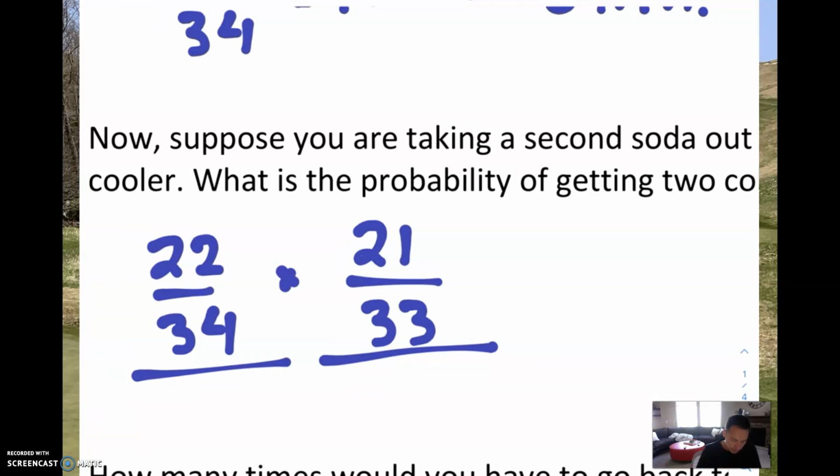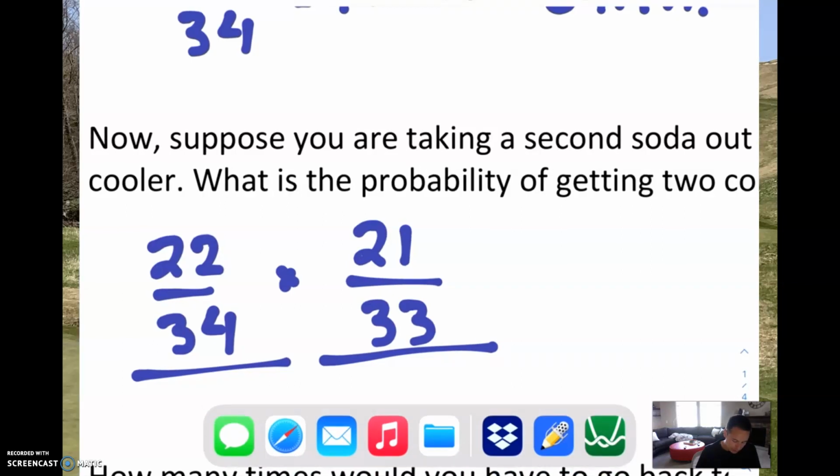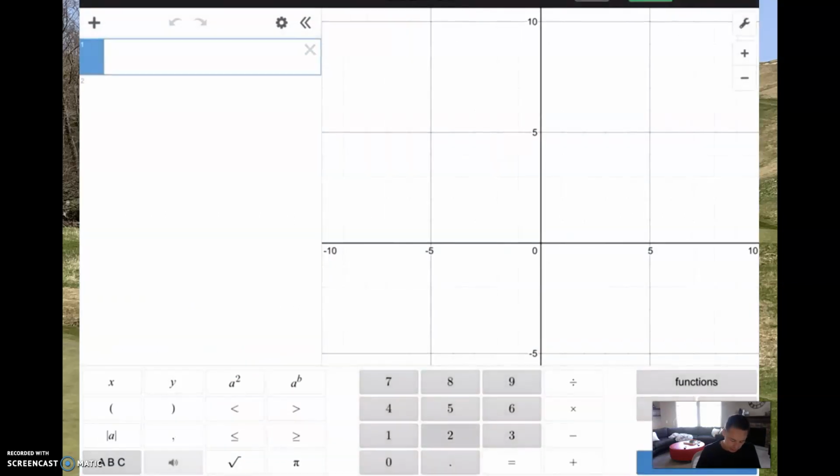So we take 22 over 34 times 21 over 33. I'm going to show you how to type this in Desmos. You just take 22 divided by 34, and then you multiply it by 21 divided by 33. And it gives you 0.4118 is what it will round to.